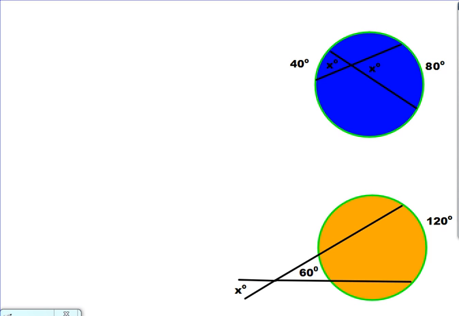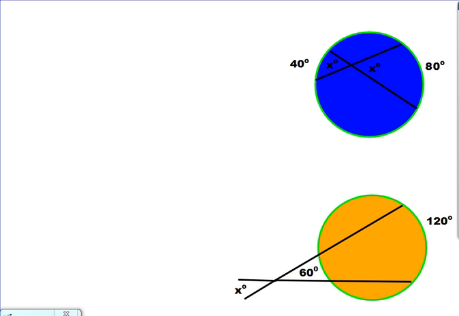Notice in the top circle, the blue circle, I have two secant lines that intersect inside the circle. The arc on the left is smaller than the arc on the right. The arcs and the angles are not going to be equal because we do not have a central angle of any kind. Here's the rule for determining what those x's are.